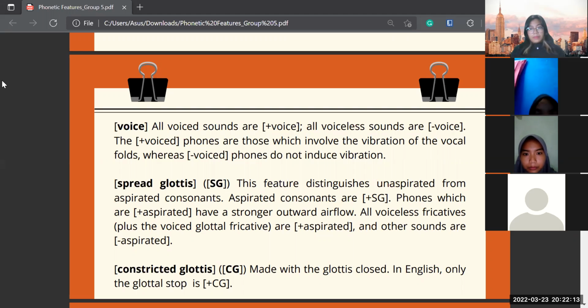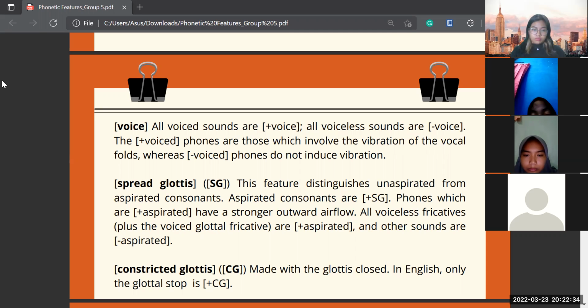And the second is spread glottis, or SG. This feature distinguishes unaspirated from aspirated consonants. Aspirated consonants are plus SG. Sounds which are plus aspirate have a stronger outward airflow.